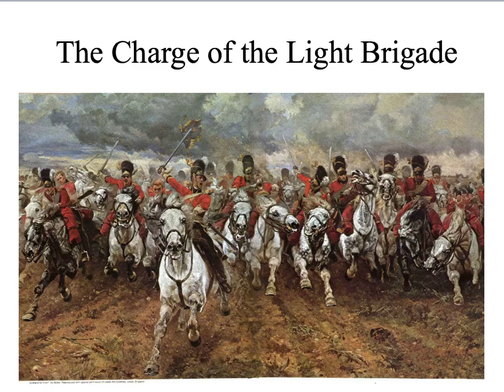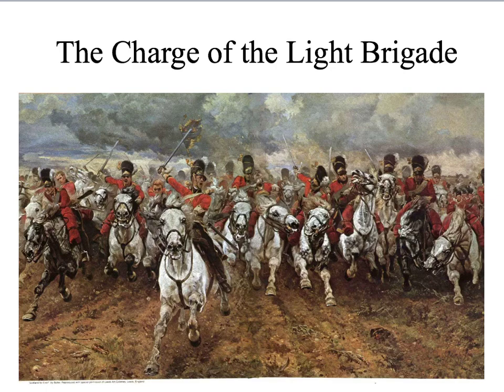Into the valley of death rode the 600. Cannon to right of them, cannon to left of them, cannon in front of them volleyed and thundered, stormed out with shot and shell. Boldly they rode and well, into the jaws of death, into the mouth of hell, rode the 600. Flashed all their sabres bare, flashed as they turned in air, sabering the gunners there, charging an army while all the world wondered.